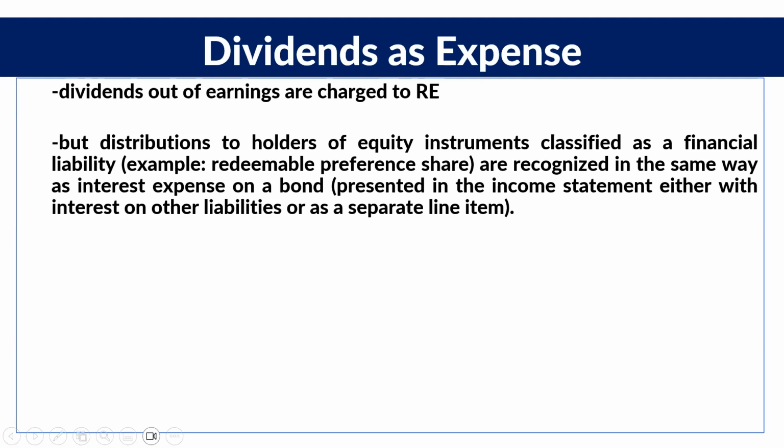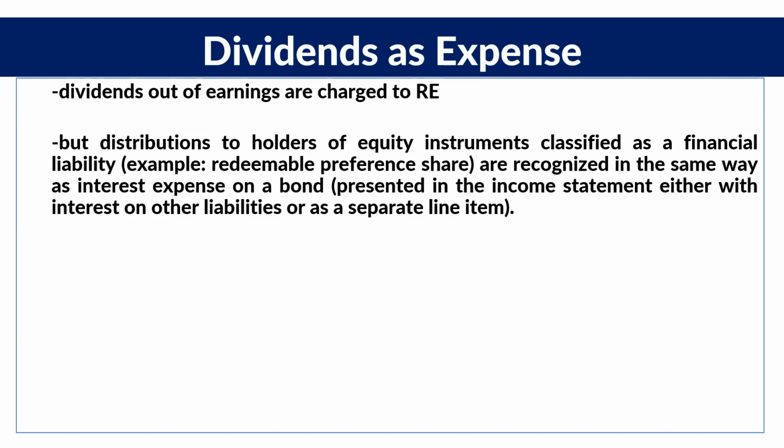So, instead of debiting it to retained earnings, we are going to debit it as interest expense. Kasi yung treatment natin sa mga redeemable preference shares is financial liability, and yung provisions ng financial liability ang dapat i-apply sa ganitong klase ng shares.